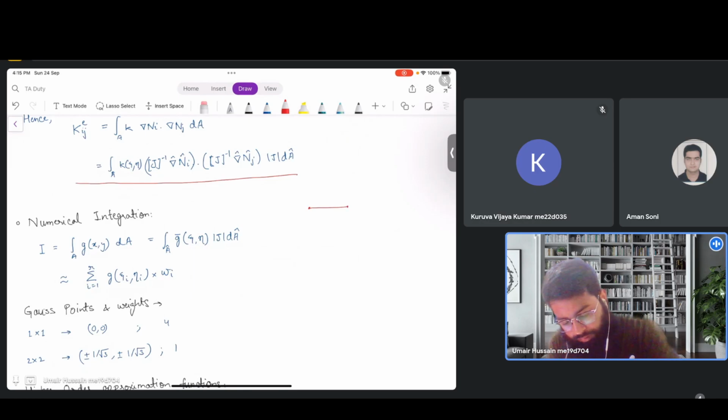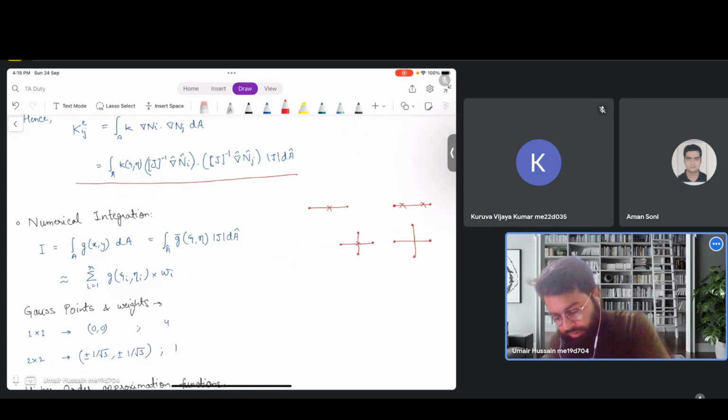For a 1D element, suppose we are considering only one point. In the 2D domain, we'll have this point. If we are considering 2 points in each direction for the 2D domain, we'll have 4 points.